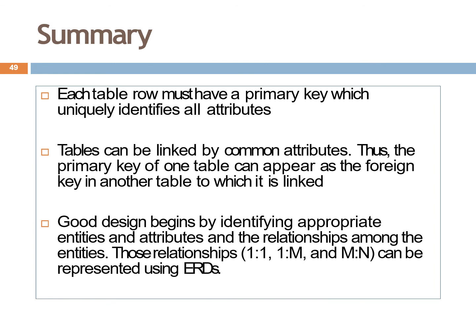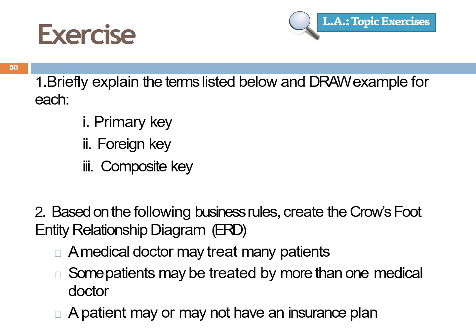Each table must have a primary key. Tables are linked by common attributes, so this will create a relationship. And then we talked about relationships, three types of relationship. Okay, so that's all for our lecture for this topic.